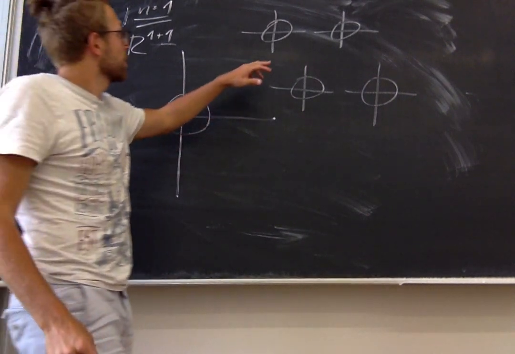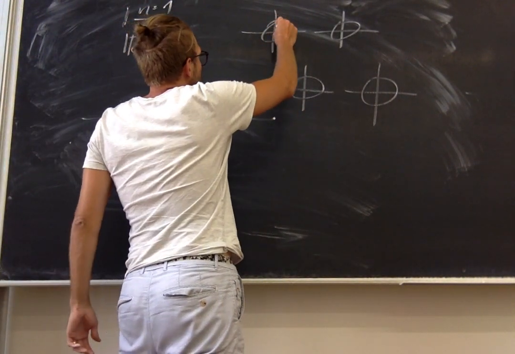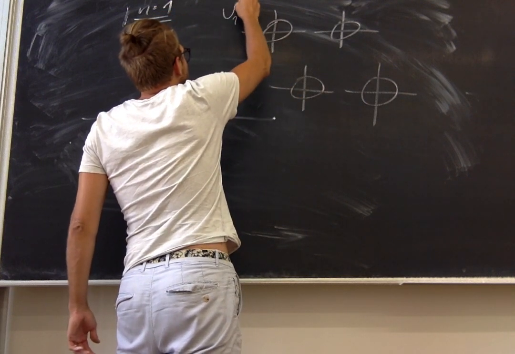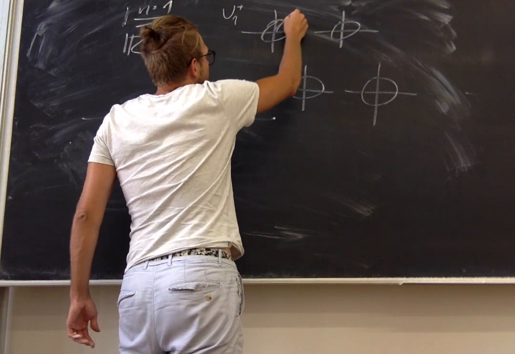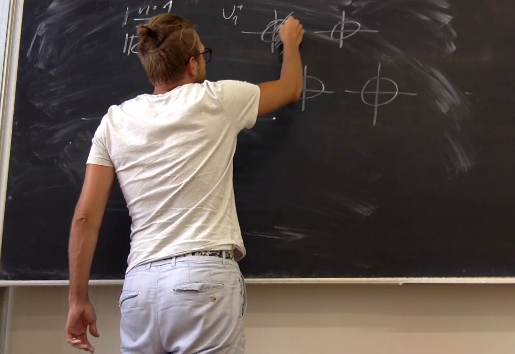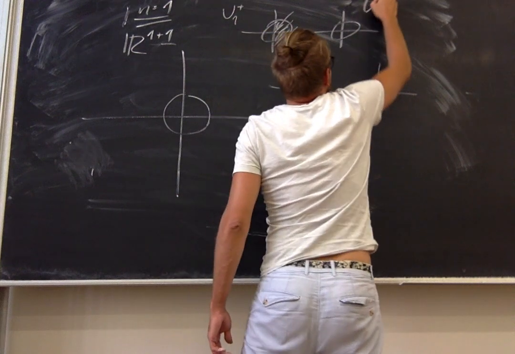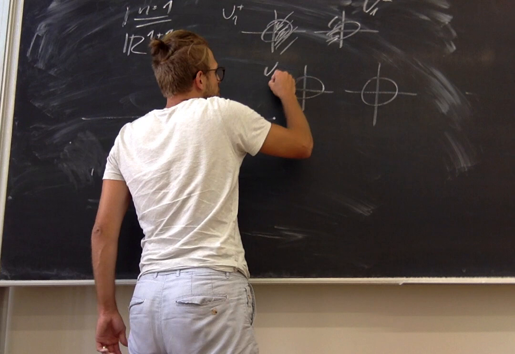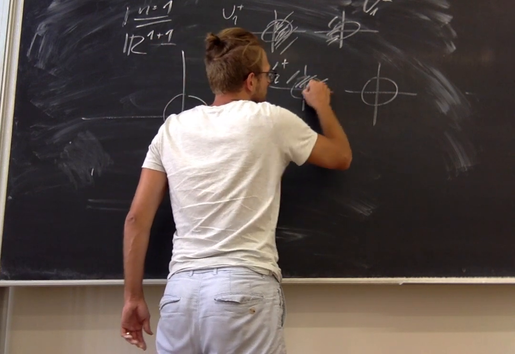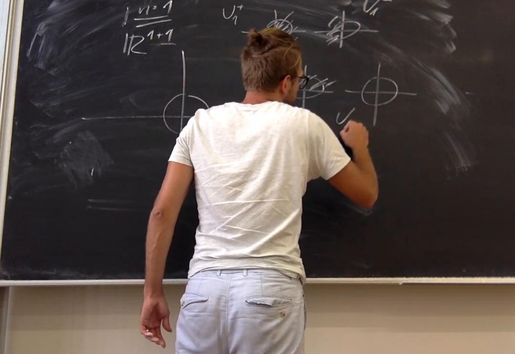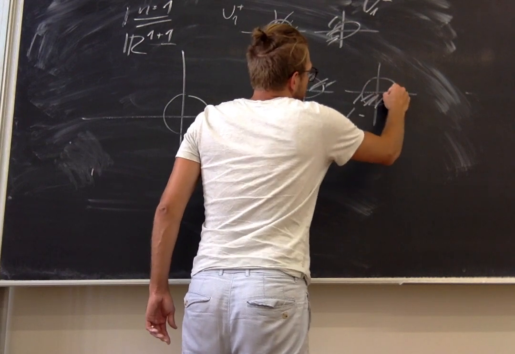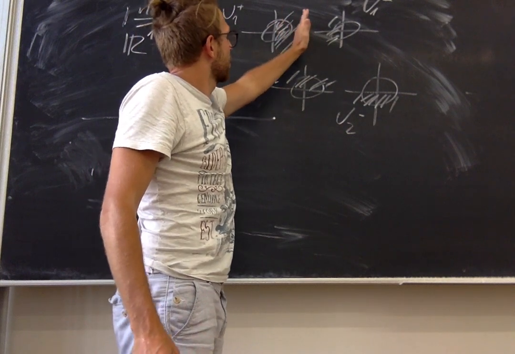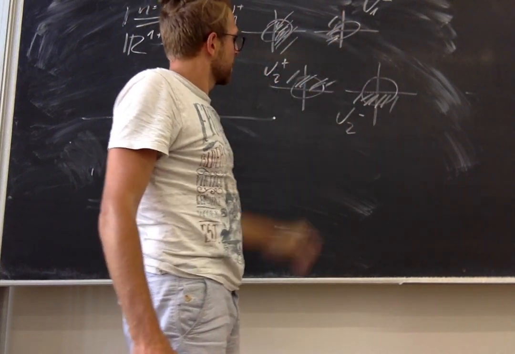Coordinate domains. So basically U1 plus is over here. U1 minus is this. U2 plus is here. U2 minus is down here. So basically it's always like the upper plane here, the right hand side here, from the middle here.